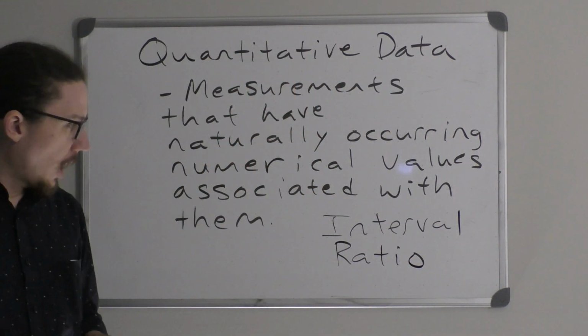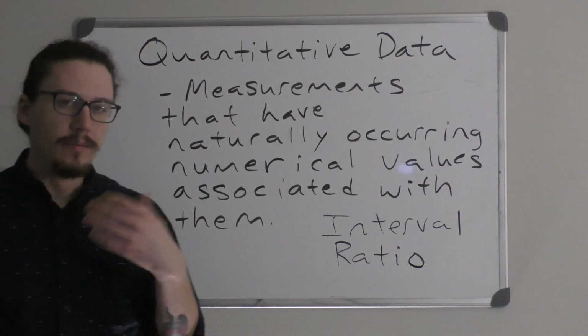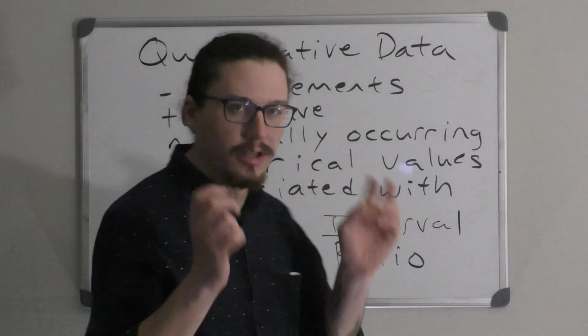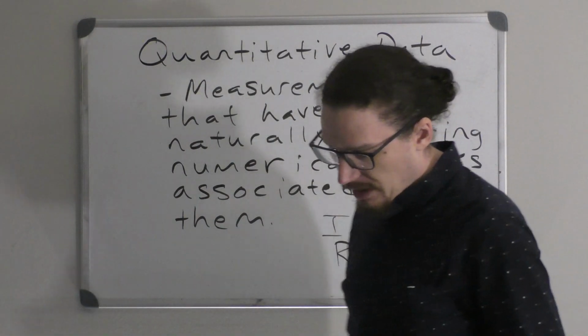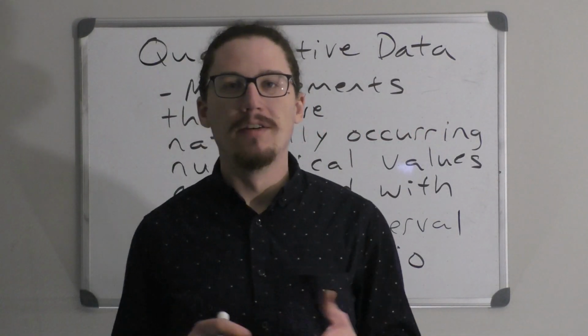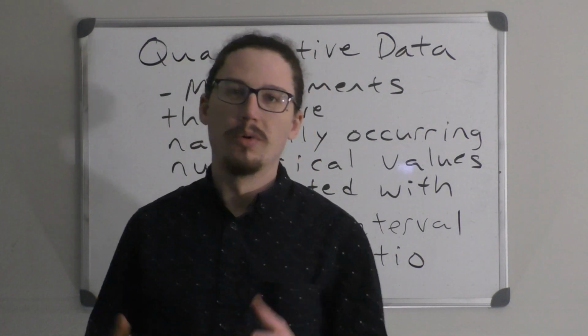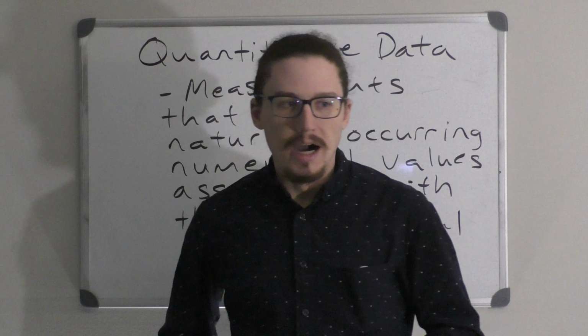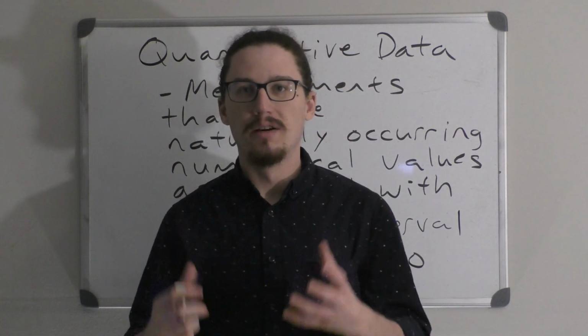All right, so any interval or ratio data would be considered quantitative, right? These have naturally occurring numerical values in that they were primed to have numbers placed on them, right?